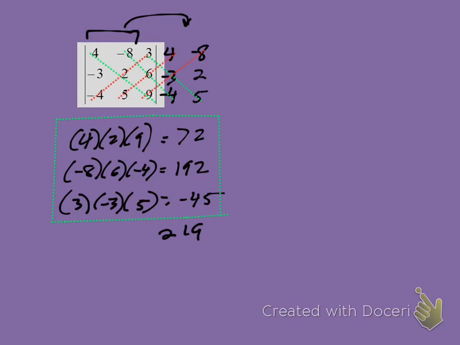So 3, 2, negative 4, 4, 6, 5, negative 8, negative 3, 9.